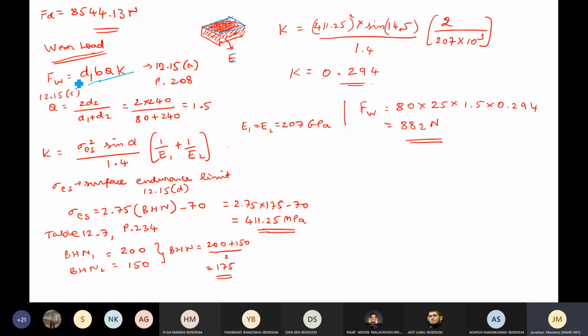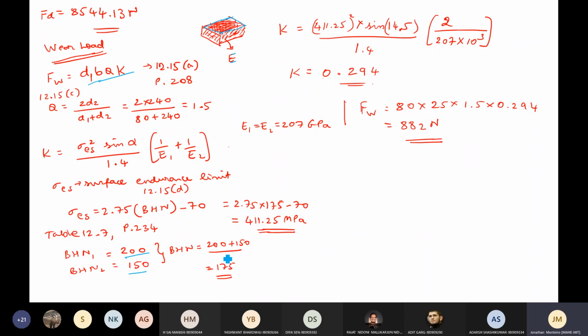We are trying to find out the wear load on the surface of the tooth, with all the teeth being of the same material, given a particular hardness number. The values 200 and 150 that we took for pinion and gear were based on the sigma d values, or the material that was suggested.